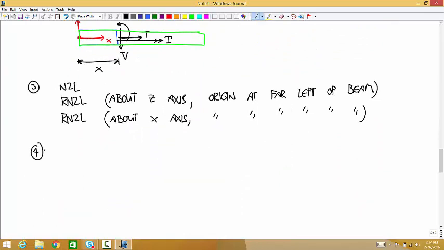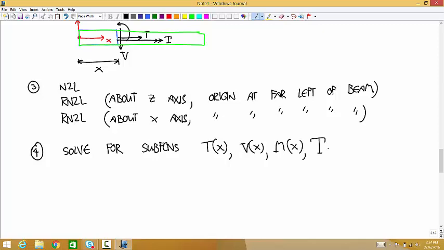So solve for the subfunctions T, V, M, and fancy T. And then the final answer is the piecewise functions that you get from combining all of these subfunctions.